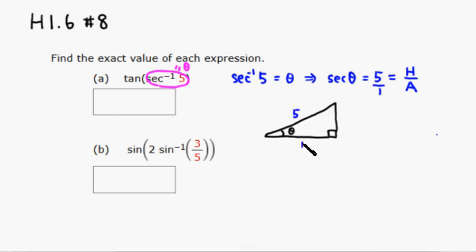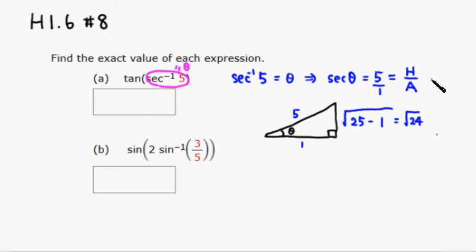It doesn't look like it, but this is going to be 1. Then you can find the opposite by using the Pythagorean Theorem. So this is the square root of 5 squared, which is 25, minus 1 squared, which is 1. So this is just the square root of 24.